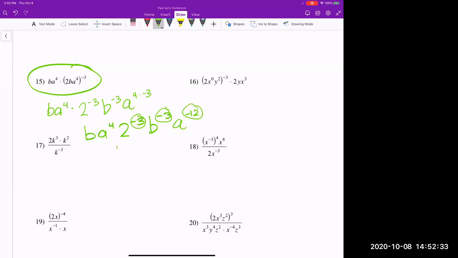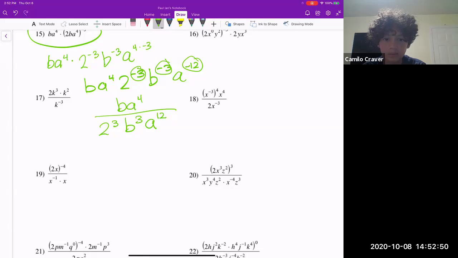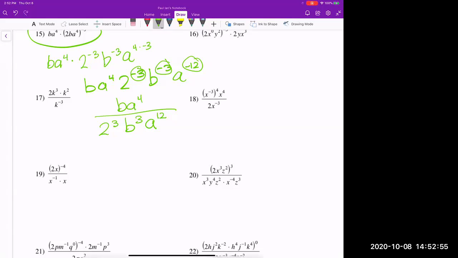So B A to the 4, 2 cubed B cubed A to the 12. Okay, what's next? 4 minus 12, or 12 minus 4. For the A, right? Okay, so A disappears from the top, right? Yeah. So B cubed A to the 12 minus 4.